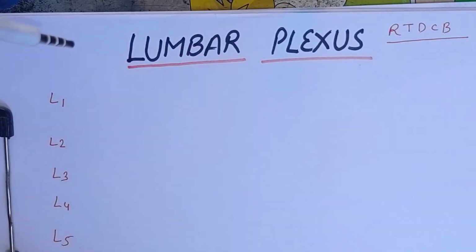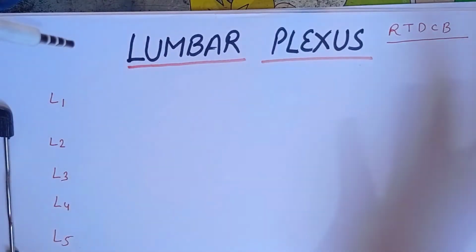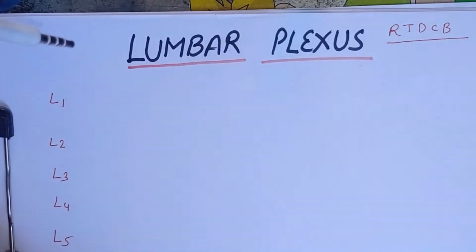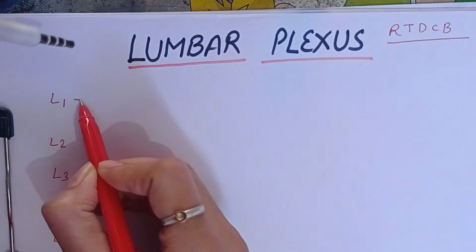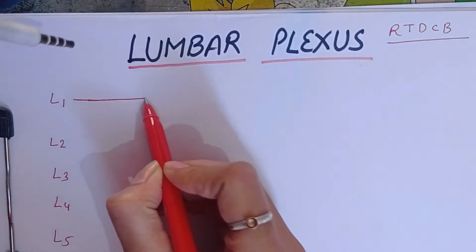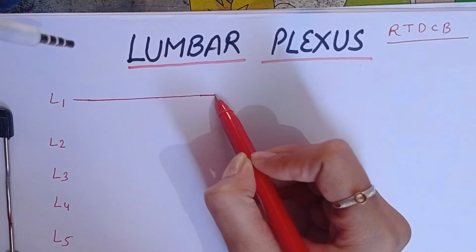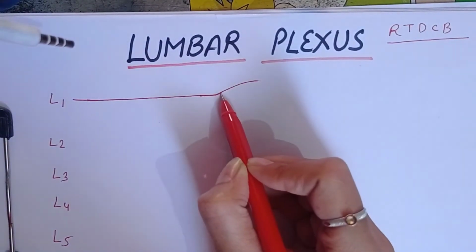Now, the formation of the lumbar plexus will help you understand which nerve supplies which muscle and how the root values of the nerves are decided. If I talk about L1, it gives off one branch which divides into two nerves.